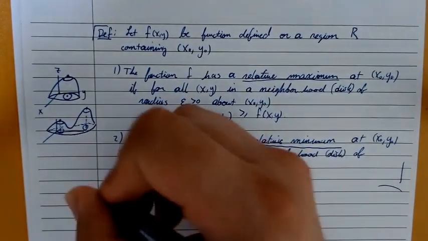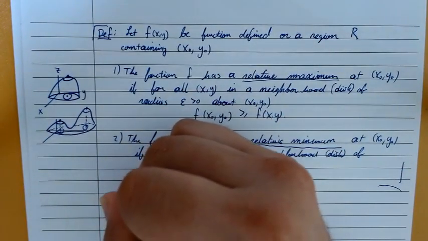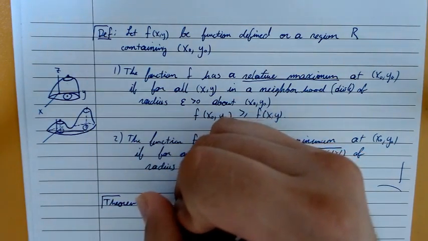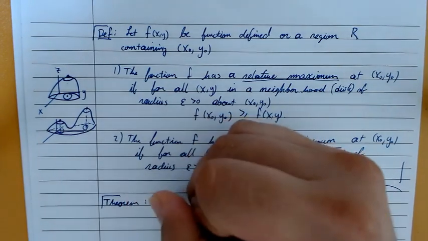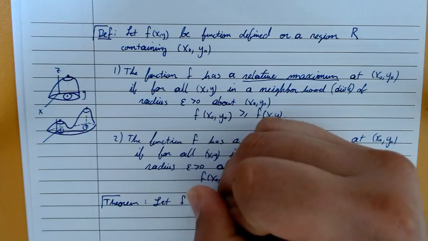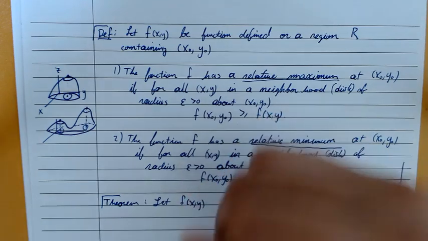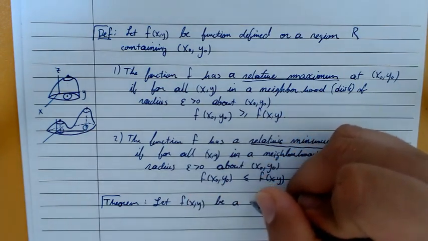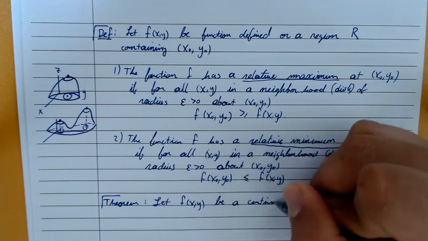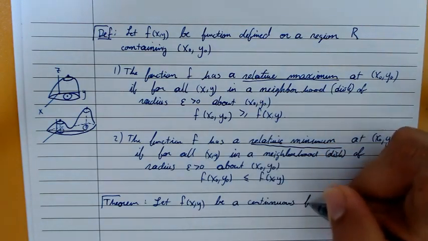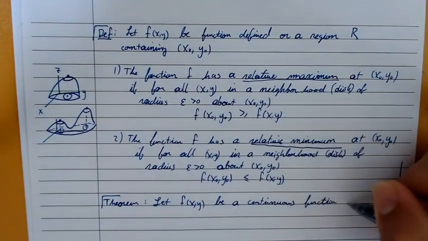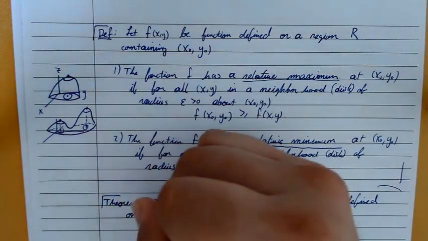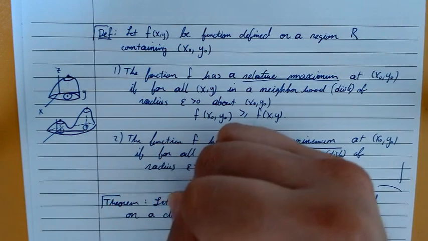Okay. Now, we have a theorem that shows us how to find maximums and minimums. Let f of x comma y be a continuous function defined on a closed and bounded region.